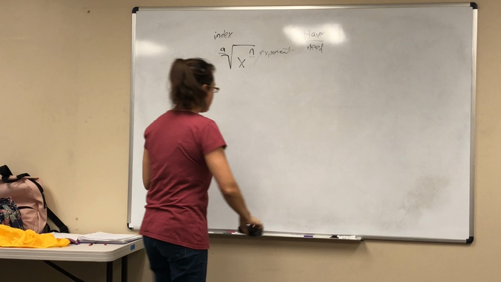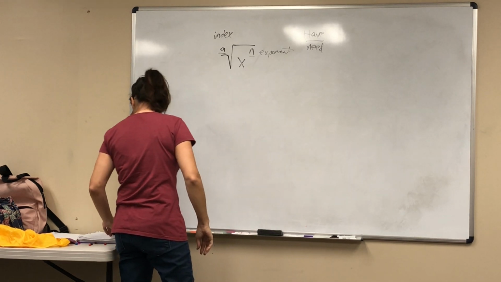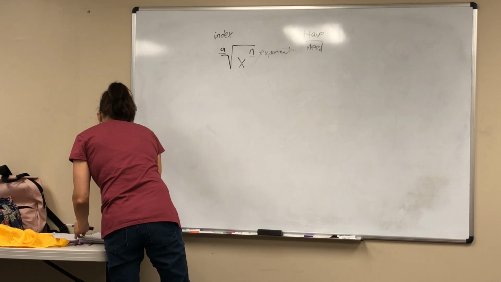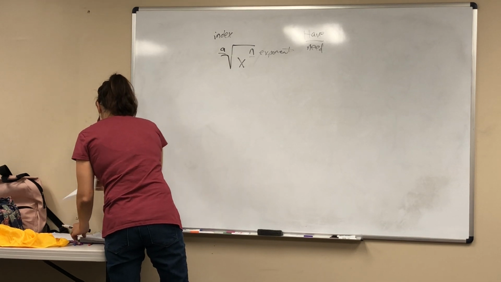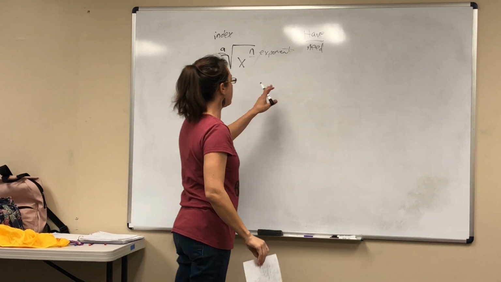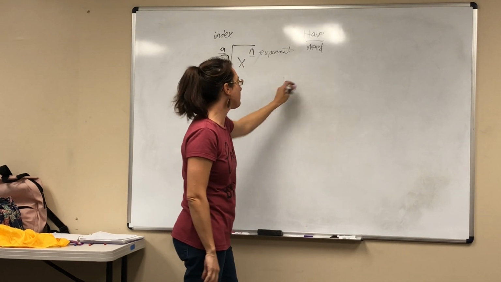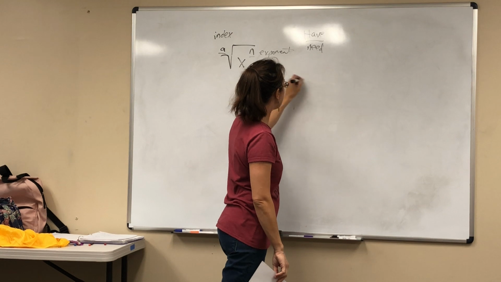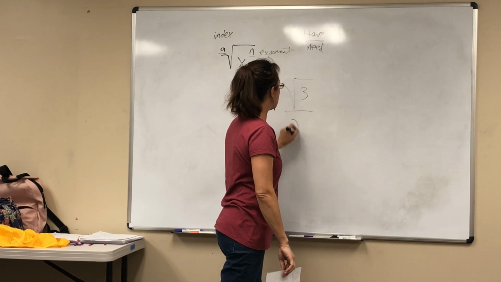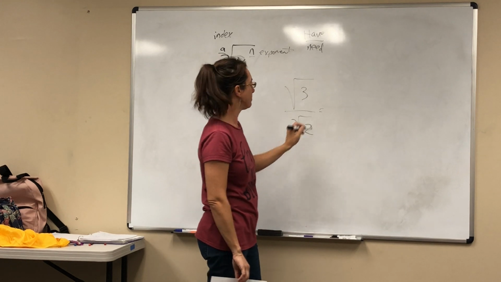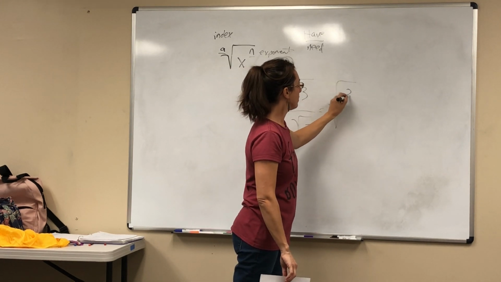Okay, so they use this term, rationalizing a denominator, okay? When we've only been working with roots just straight across, we learned that if we have square root of 3 over the square root of 2, we can rewrite that as the square root of 3 over 2.